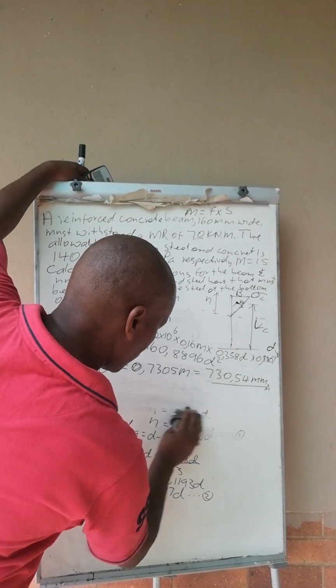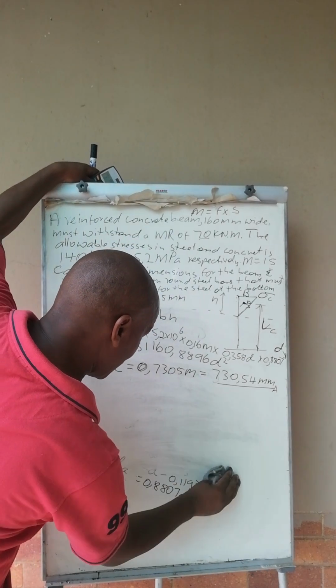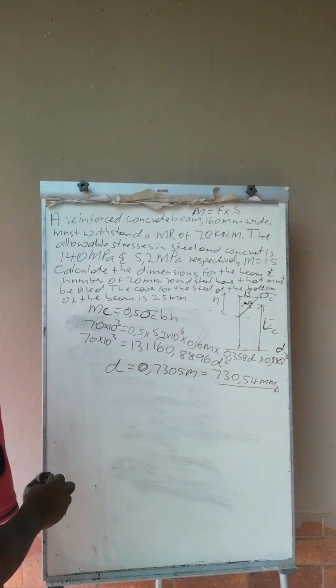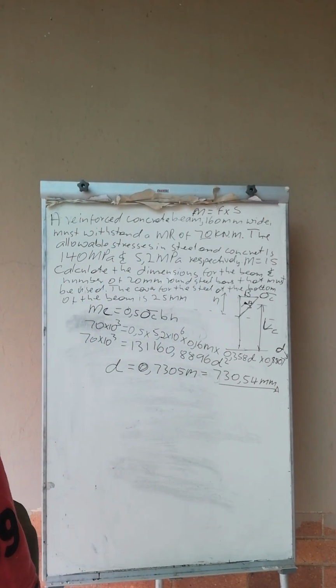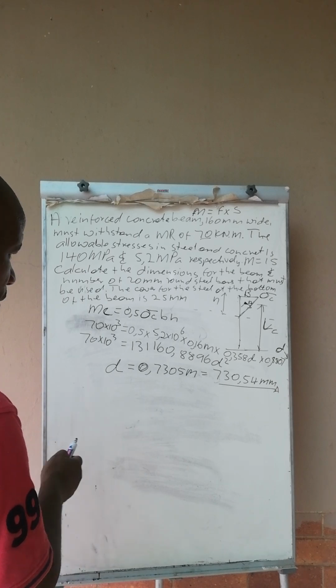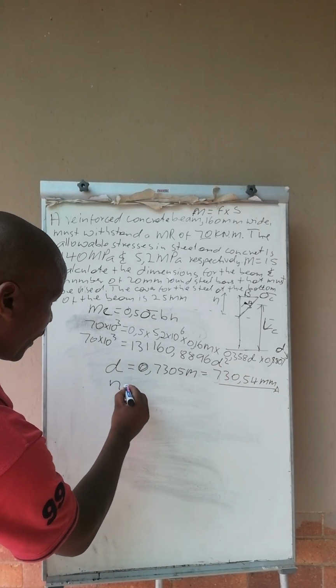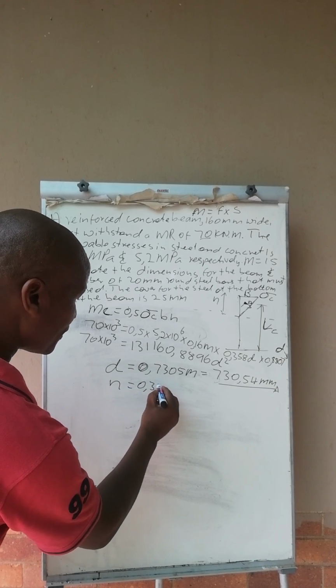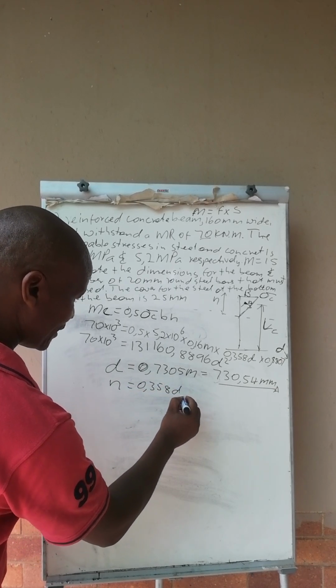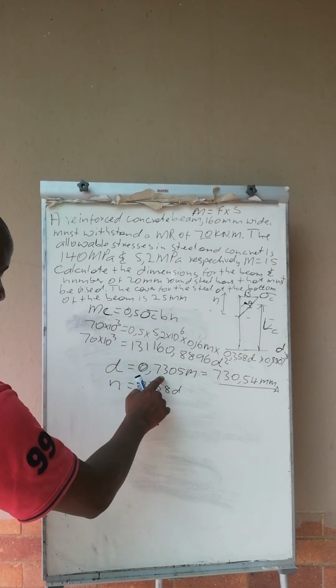And then, if we've got that, it should stand to reason that this n is equal to 0.358 d. But we just found d.